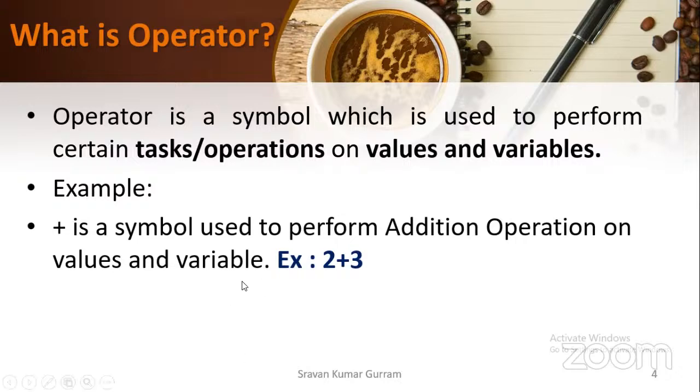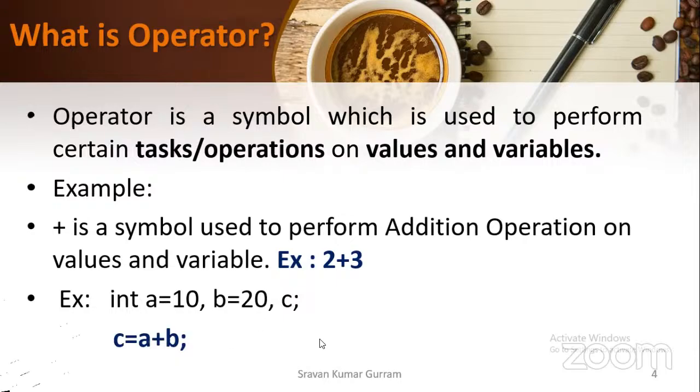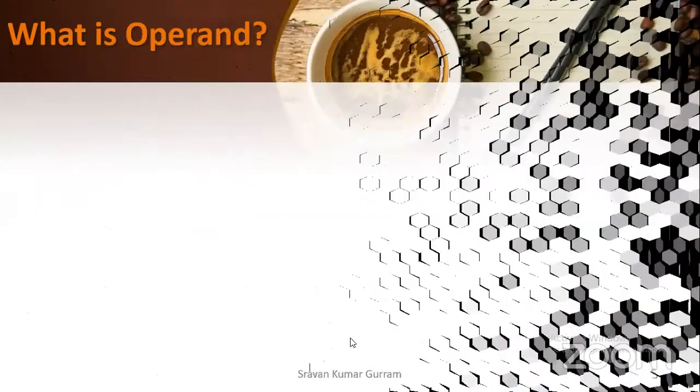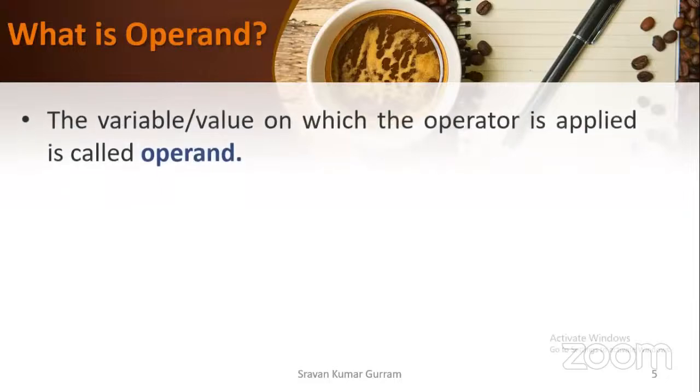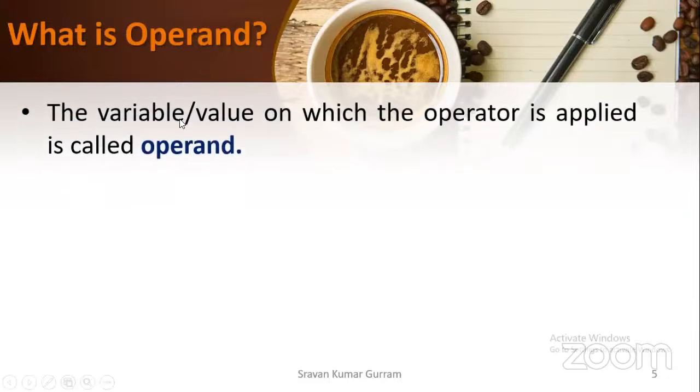In this case, 2 is a value, 3 is a value. What is an operand? The variable or value on which the operator is going to perform some action. That is called an operand.